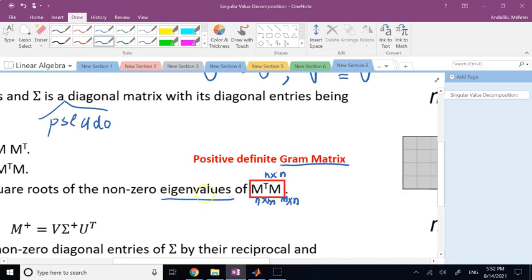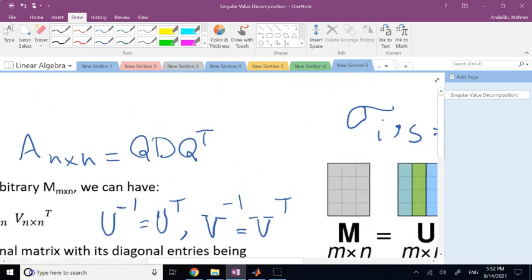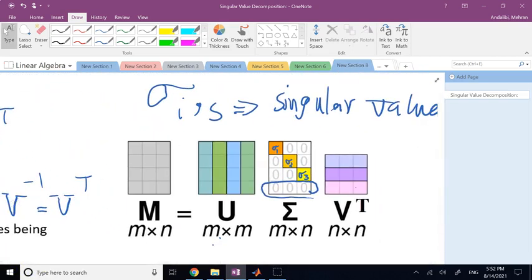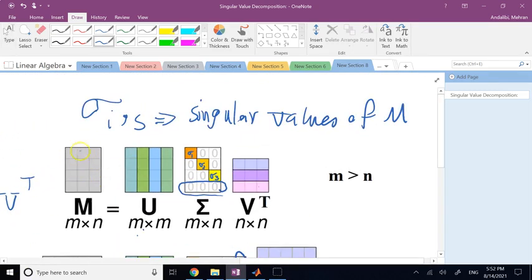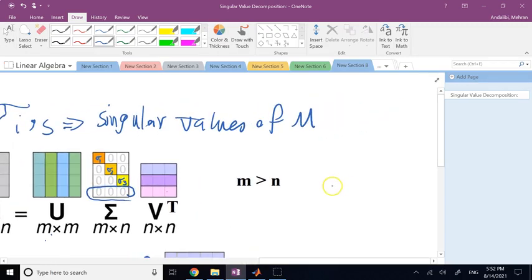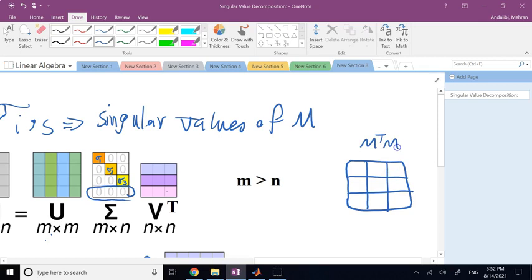Now we can easily show that the eigenvalues of this Gram matrix are the squares of the singular values. So in this case, let's say for the case of this 4 by 3, your M transpose M is going to be 3 by 3, so it's going to be the same size as V. This is going to be your M transpose M matrix for this case.